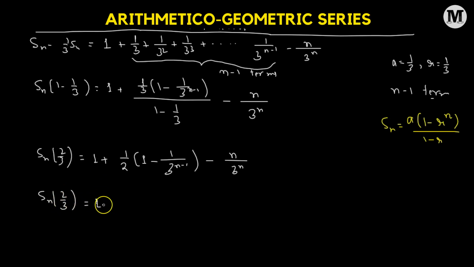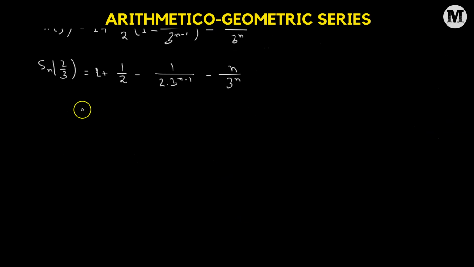So we have 1 added to half times 1, that's simply going to be 1/2, minus we have 1/2 multiplied to 3 raised to the power of n minus 1 minus n over 3 raised to the power of n. Further simplification gives us 2/3 of Sn equals to, so 1 added to 1/2, that's going to be 3/2. 3/2 minus 1/2 times 3 raised to the power of n minus 1 minus n over 3 raised to the power of n.